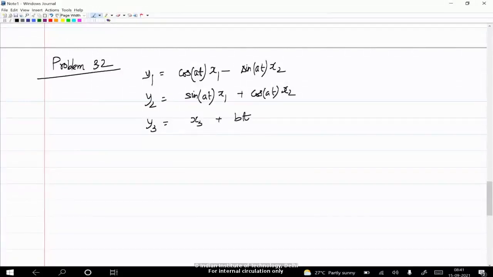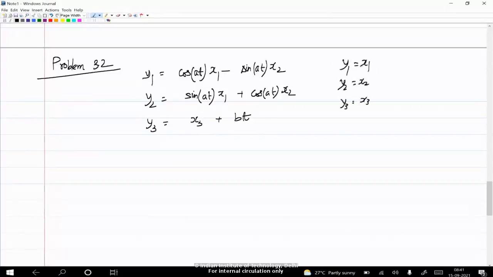Can you think of what kind of motion this is? Notice that when you put t equal to 0 here, you get y1 equal to x1, y2 equal to x2, and y3 equal to x3. So you get back the reference configuration.